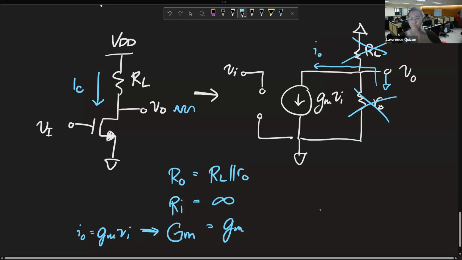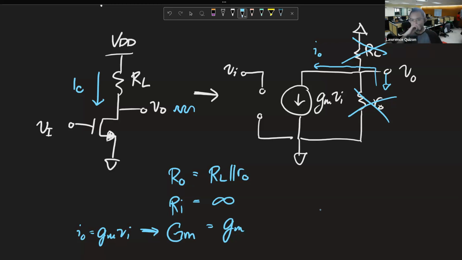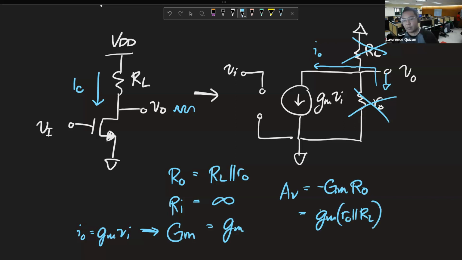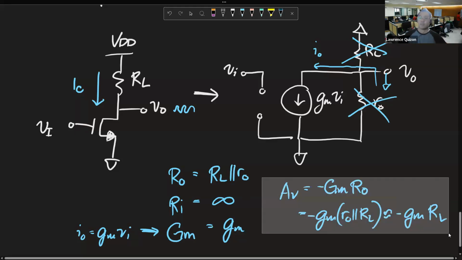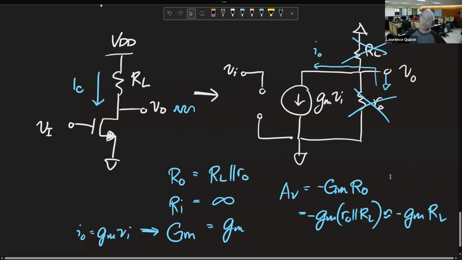Now, if we talk about the gain again, this is negative GM R out. We find this is again GM times R out parallel RL, which is almost GM RL. It's approximately GM RL, same as the other one.